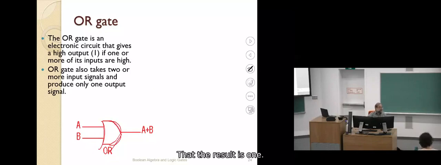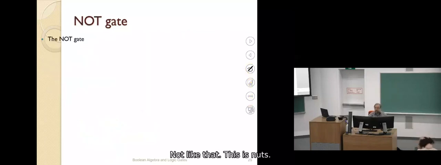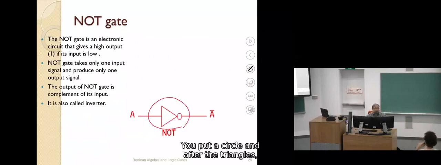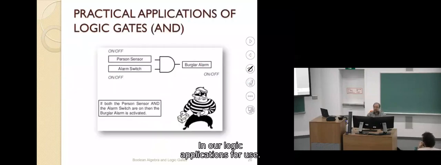The result is 1 whenever one of the inputs is 1, and if both of the inputs are 0, then the result would be 0. NOT is like that: you put a circle after the triangle. A becomes A not. If it is 0, then it becomes 1.